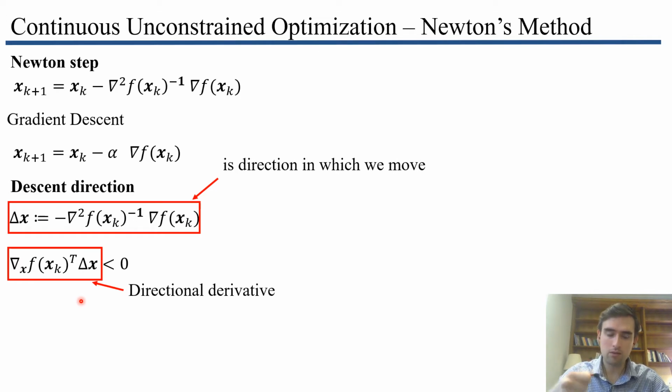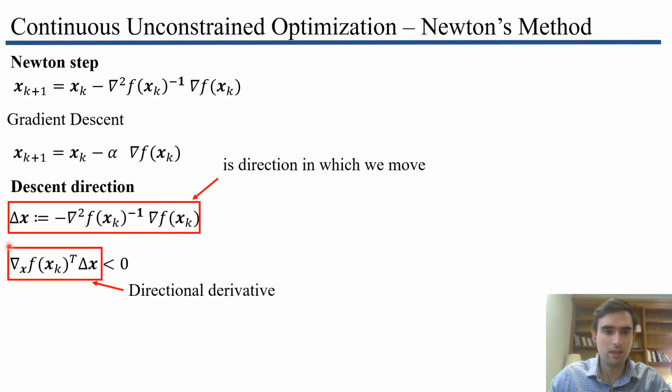From calculus, if you remember, if you have a function, and then you get the gradient of that function, and then you multiply that gradient by some direction, or some step with a direction, then this tells you if the function is increasing or decreasing in that direction. So what we want is for the directional derivative to be negative.